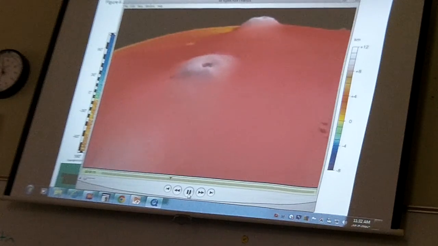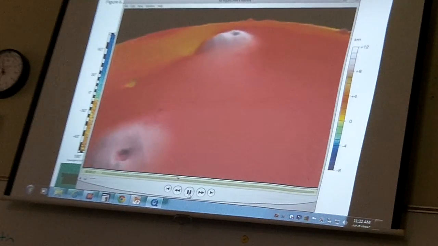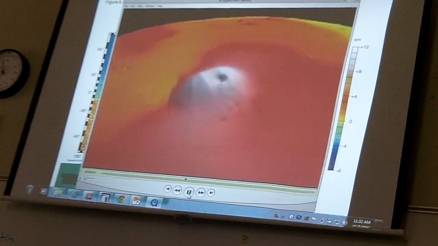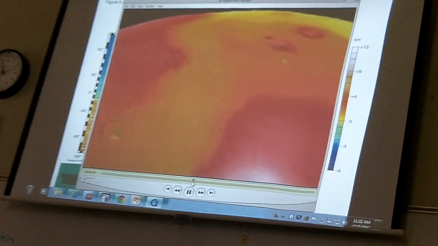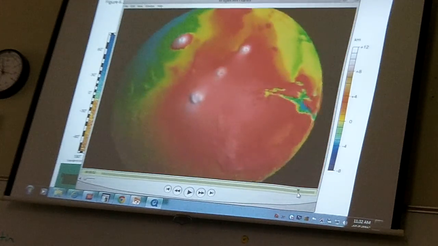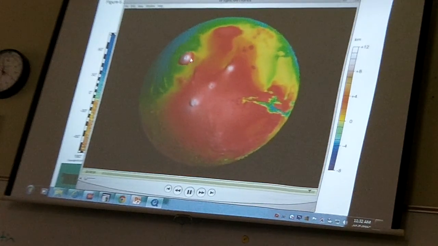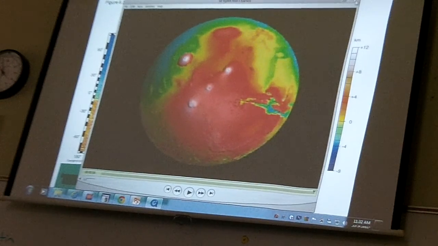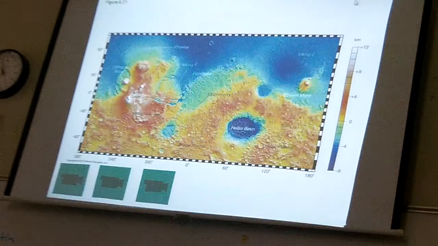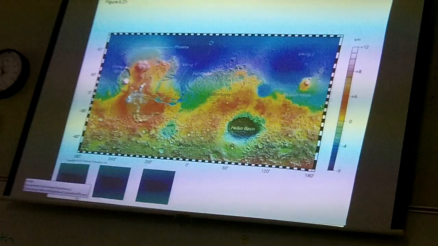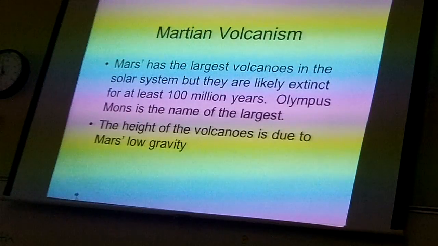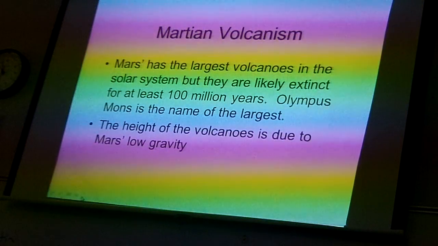A couple of big volcanoes. Oh, this isn't nearly as good as that other one. Let's fast forward that. There's Olympus Mons right there.